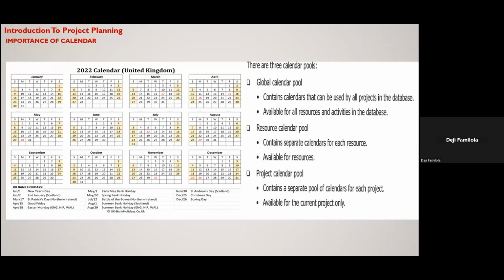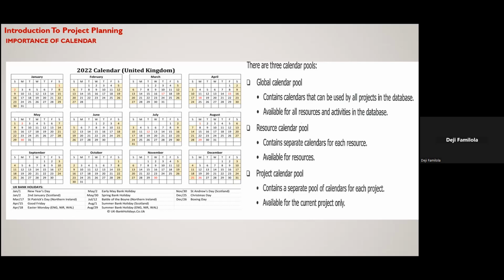If you don't get it right, that's the key thing. You must understand the working calendar, the starting time of your employees or resources working on that project. You must understand when they resume, when they close, that timeline. Do they have a break?